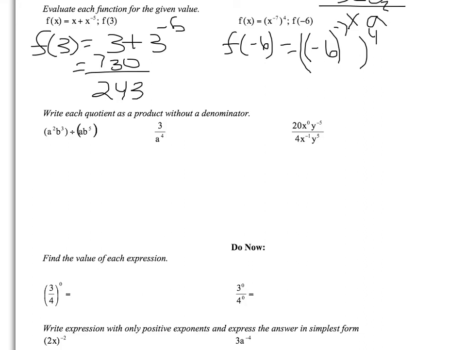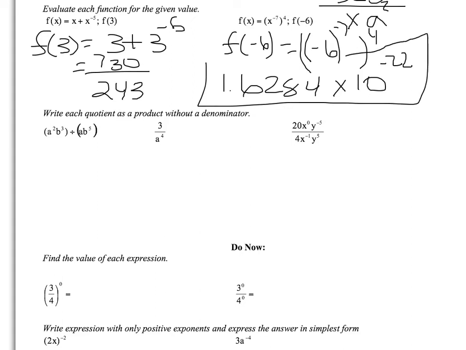When you do all of that, you end up getting something in your calculator like 1.6284 e -22. So that e is really scientific notation, so this will become 1.6284. Instead of e, you write times 10 to the -22nd. And you don't have to worry about that being a negative exponent there. We're not going to worry about that for scientific notation.